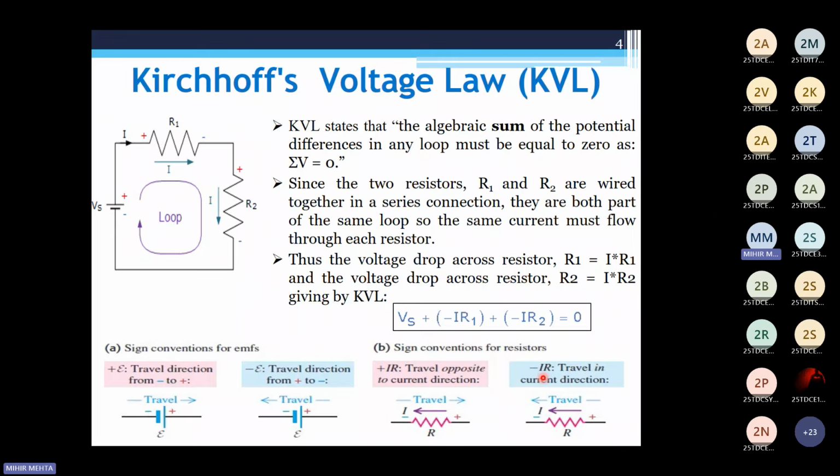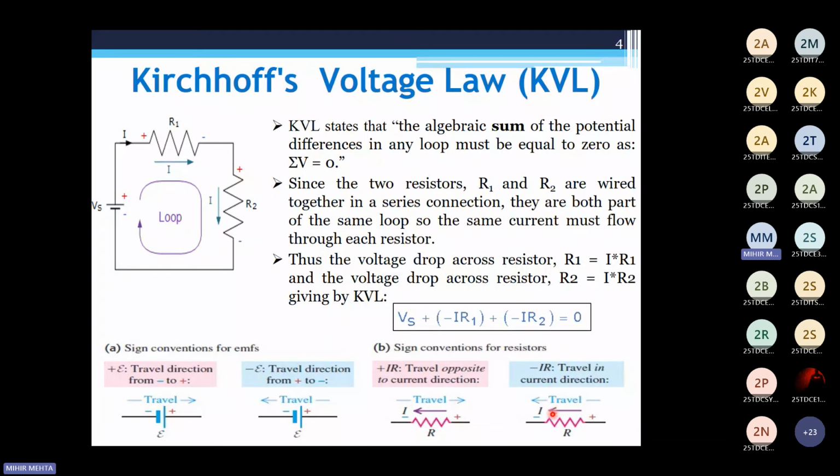Now let us implement the same thing in the loop that is given to us. The loop given to us is clockwise. Starting from the top left corner, if I'm moving in this direction, which is the direction of the loop, the direction of the current is also the same.